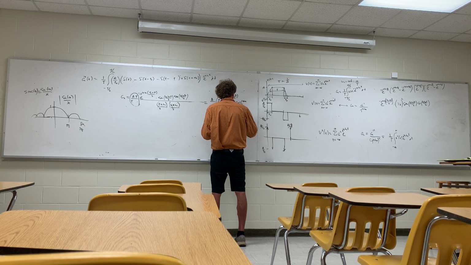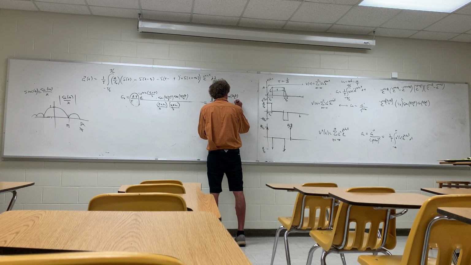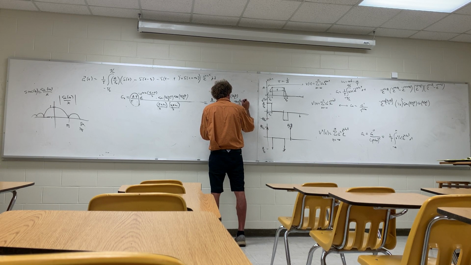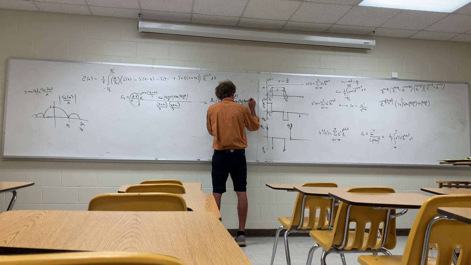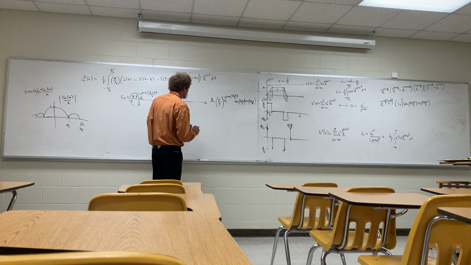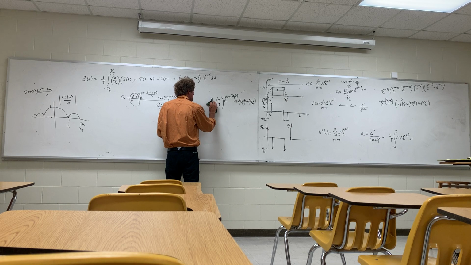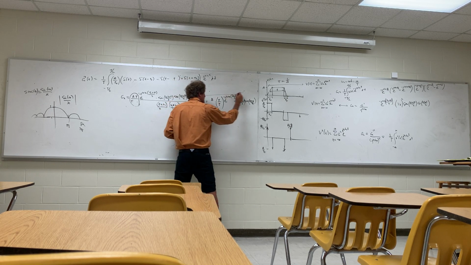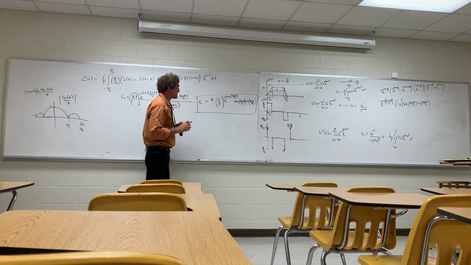It's going to be times the sinc of n omega naught tau over 2 times the sinc of n omega naught tau rise over 2. And that is C of n. And this right here becomes critical. So that's C of n.